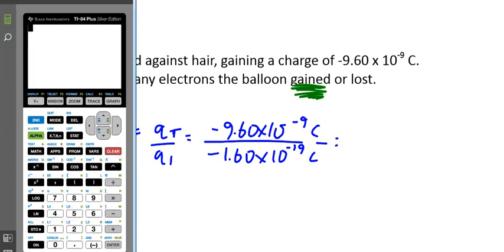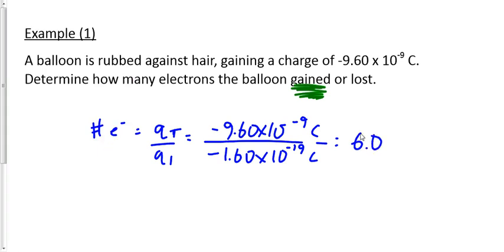We're going to say negative 9.6 times 10 to the minus 9 divided by negative 1.6 times 10 to the minus 19. You're going to get a big number or a small number? Pretty big number, yeah. Right. In fact, 6 times 10 to the 10. 6 times 10 to the 10 electrons.